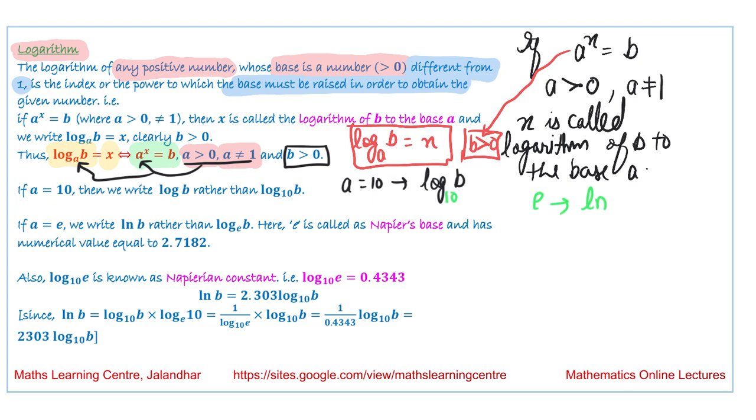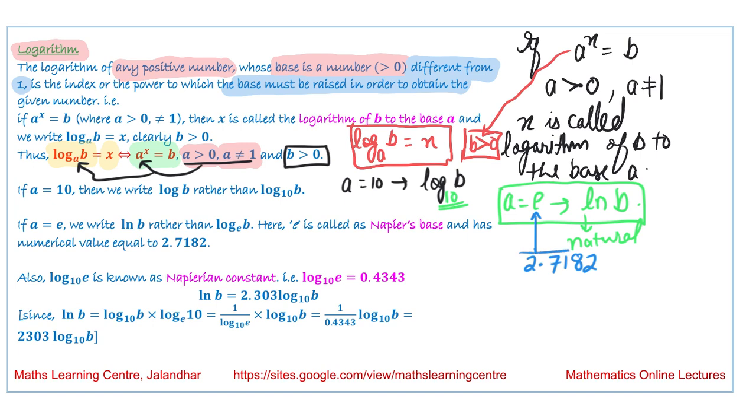Corresponding to the base e, we write this. This is the notation called natural logarithm, and this is the logarithm to the base 10.